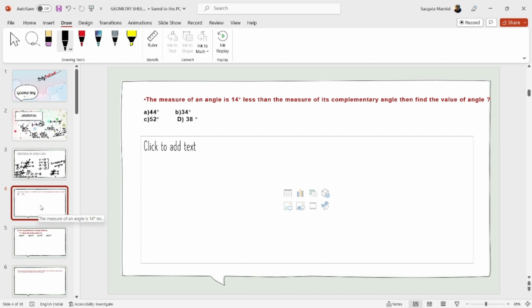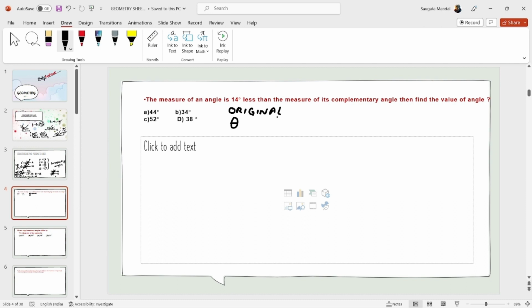You should remember a concept. Suppose an angle theta 1 or theta is the original angle, and then what is the complementary angle of this original angle theta?